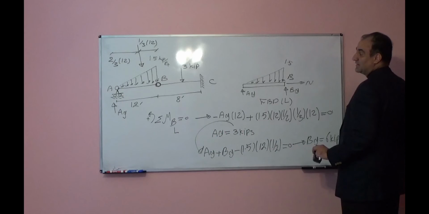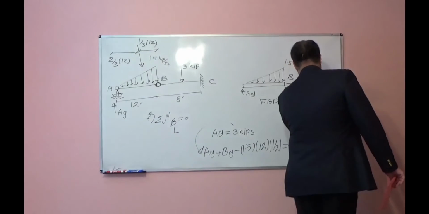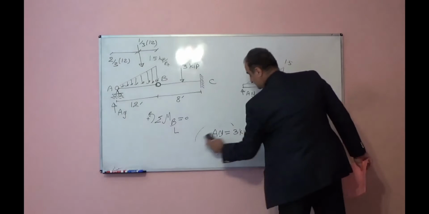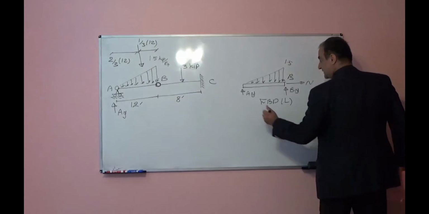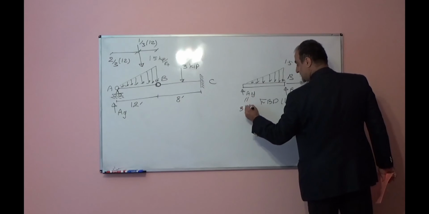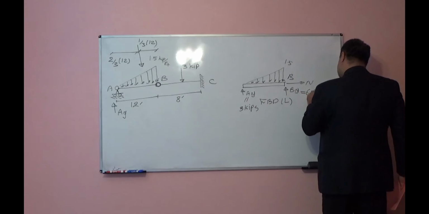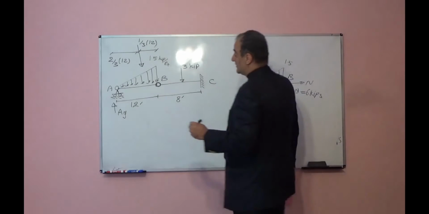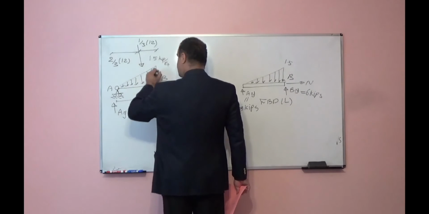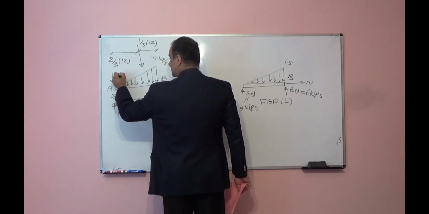After finding AY and BY, I know this fraction. Now I can show here AY is equal to 3 kips, BY is equal to 6 kips. Now, if we have a triangle force, 3 kips will transfer this side.